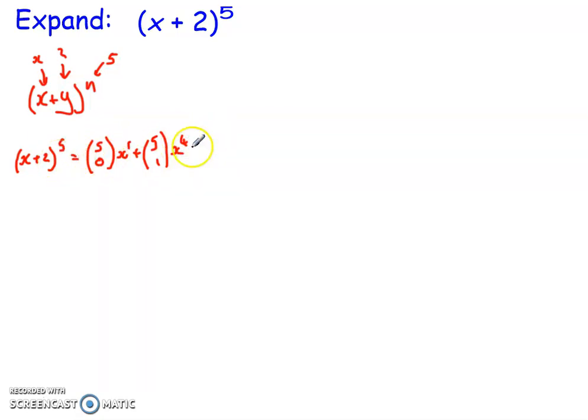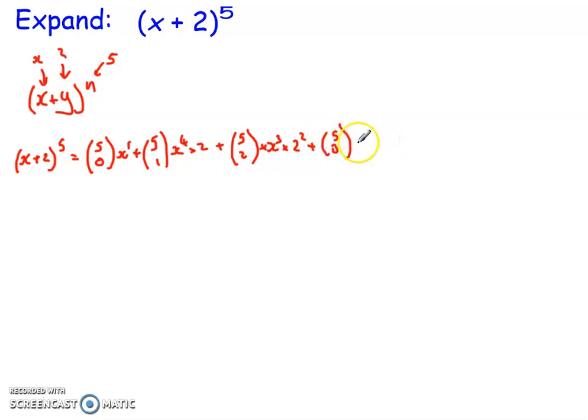I then raise the power of 2, so it's going to be times 2. I then do my next term, which is 5C2. Again, my x power is going to decrease. It's then going to be times x cubed. That's then going to be times 2, and its power is going to increase to 2 squared. And I can then continue on like that until I hit the last term.